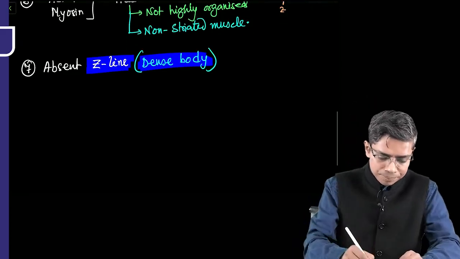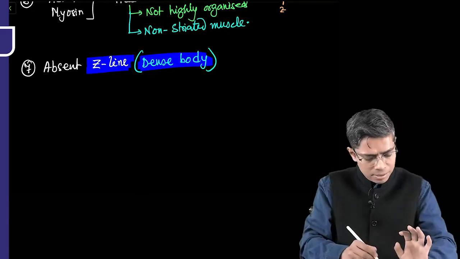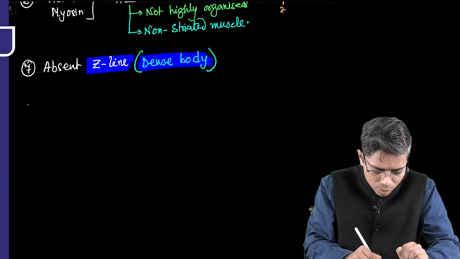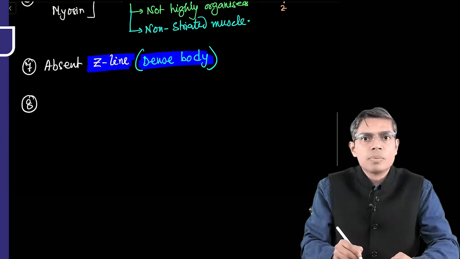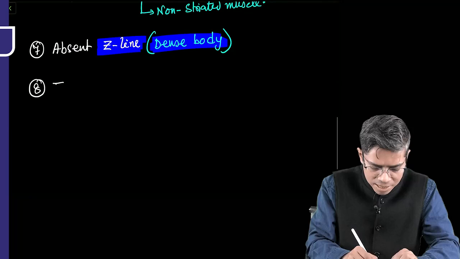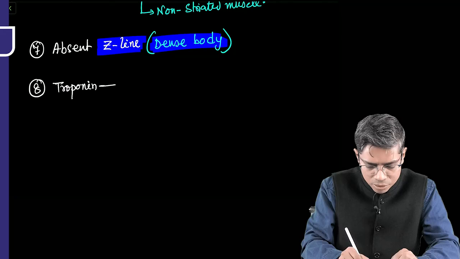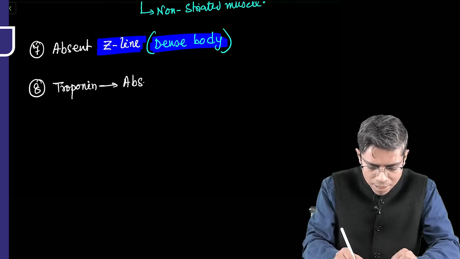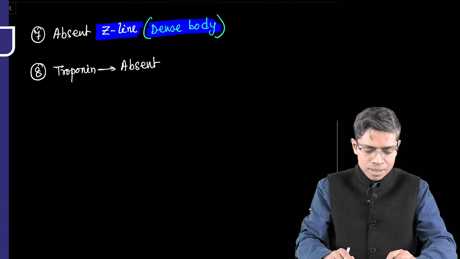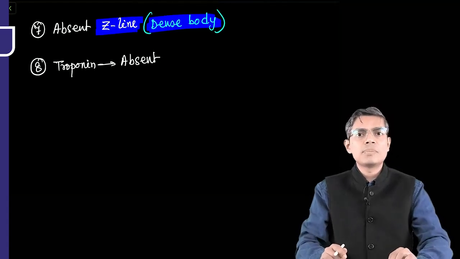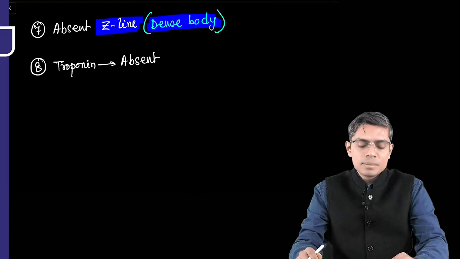Then next, actin and myosin is done. Now I am asking, what about troponin and tropomyosin? Very, very important. Is troponin present in smooth muscle? The answer is that troponin is also absent in smooth muscle. Troponin was the calcium binding protein in cardiac and skeletal muscle.